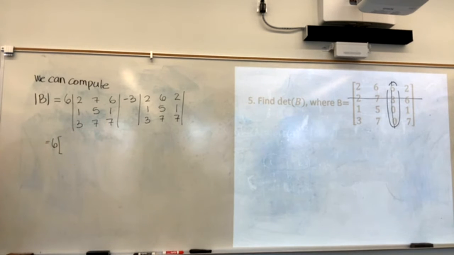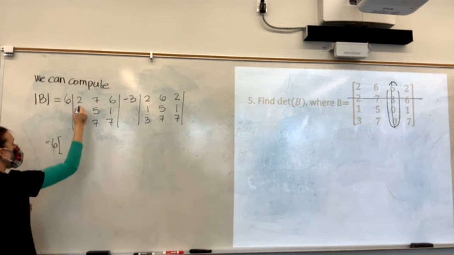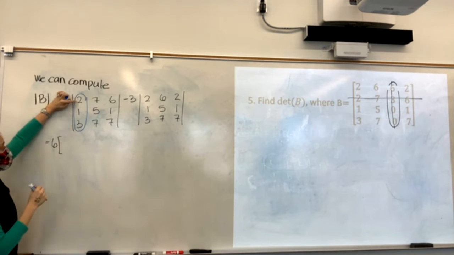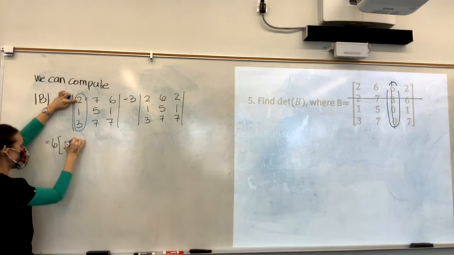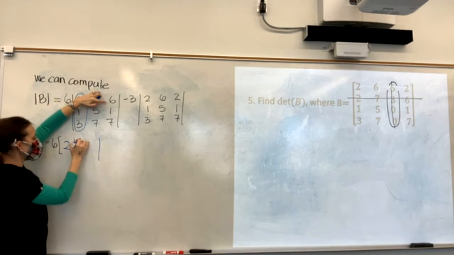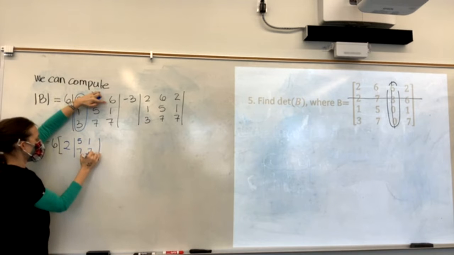So what row or column do y'all want to work with? Column 1. Sounds good. All right, so I start with a positive 2 times the determinant of 5, 1, 7, 7.